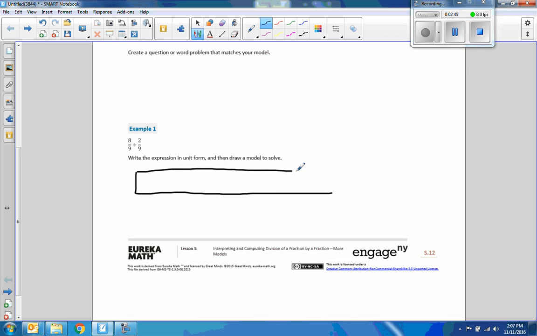If I draw a model, I want how many squares? The denominator tells me 9. There's 1, 2, 3, 4, 5, 6, 7, 8, 9. Okay, so there's 9 squares.